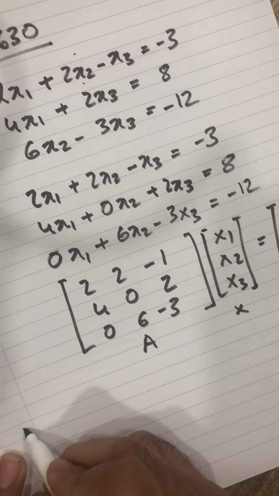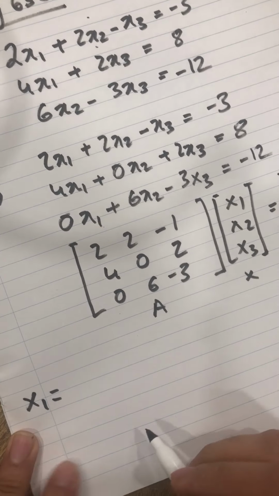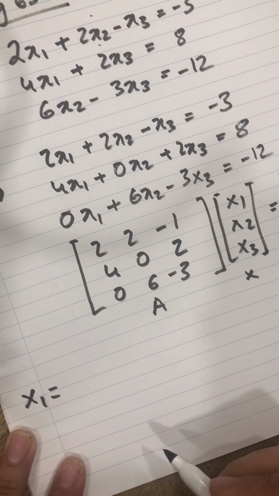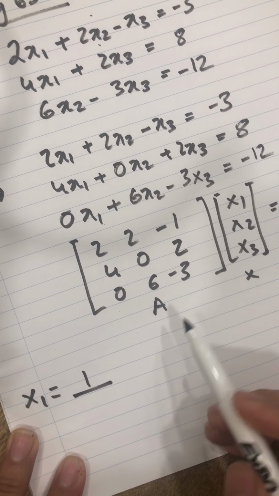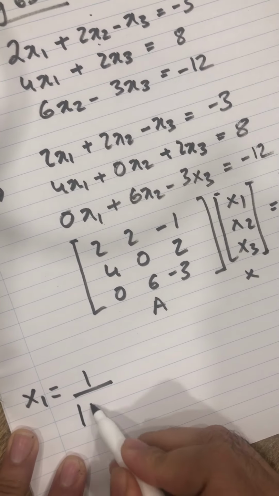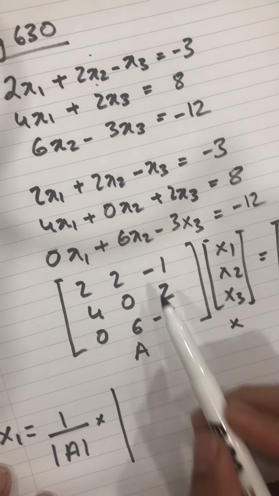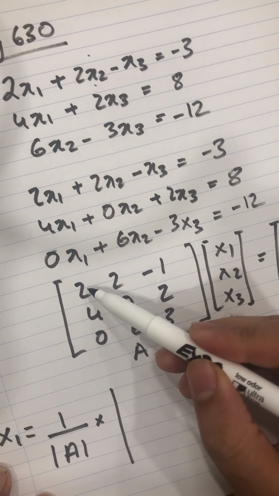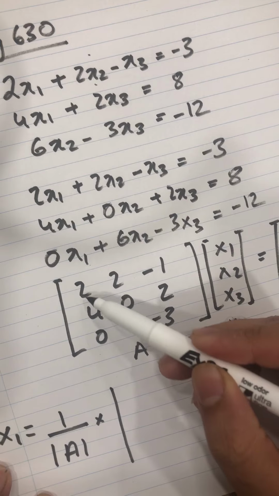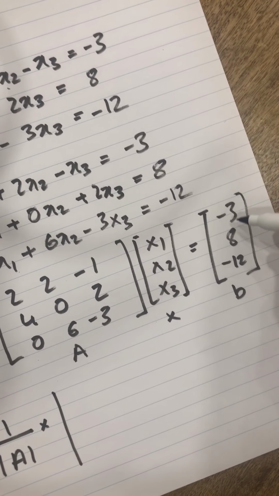Okay, now what will be the solution of x1 as per Cramer's rule? So the solution for x1 would be 1 divided by the determinant of matrix A into the determinant, where you now take this matrix, but remember, since you're finding x1, you replace your first column with the results here.